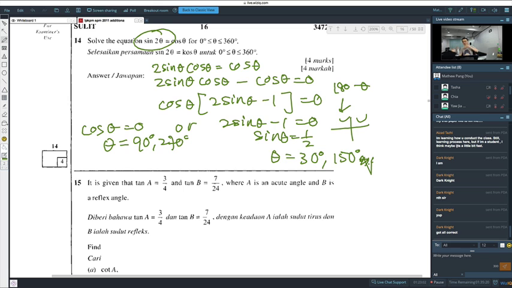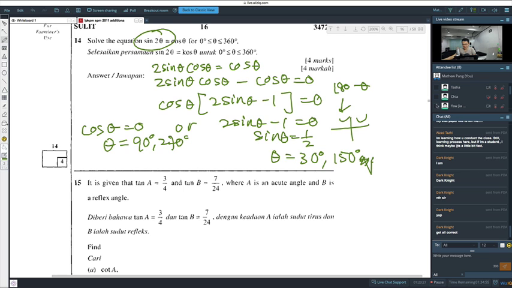Any questions so far? Yeah, if you have very weak basic in trigo, you might not understand what I'm saying. But I hope you are fine. This question is not too hard. Or you do not know what one you want to ask me? Should be good, right?